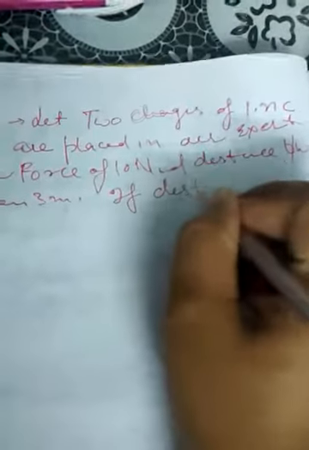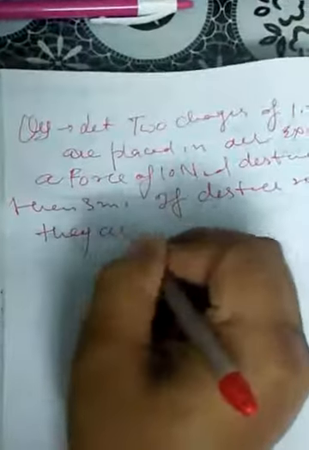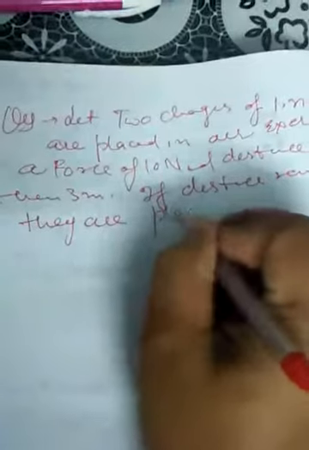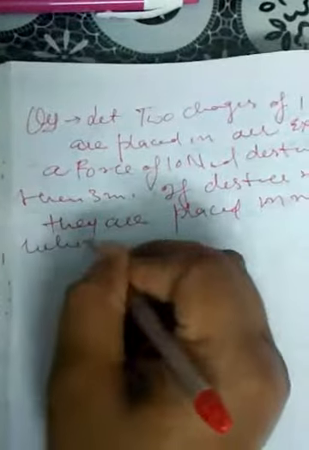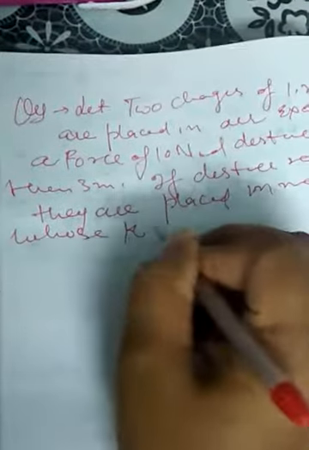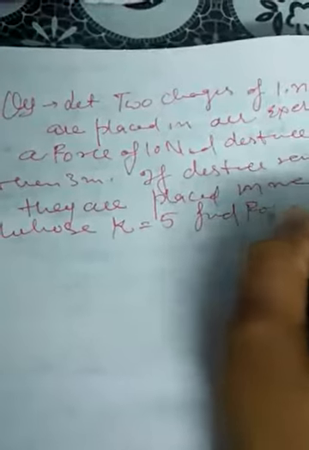If the distance remains the same, they are placed in a medium whose dielectric constant is 5. Find the force between them.